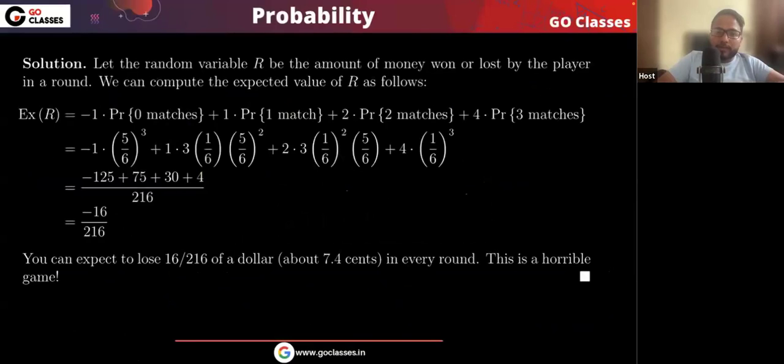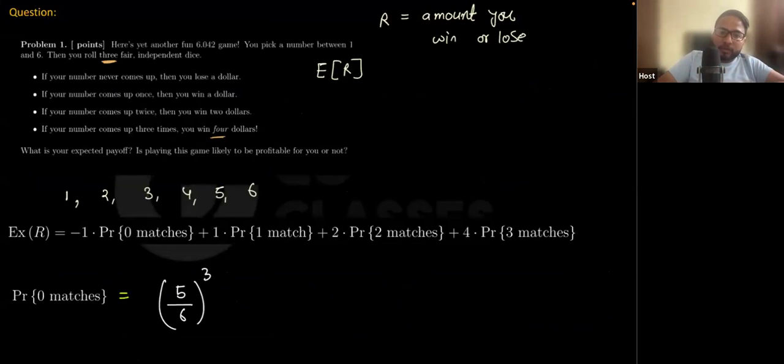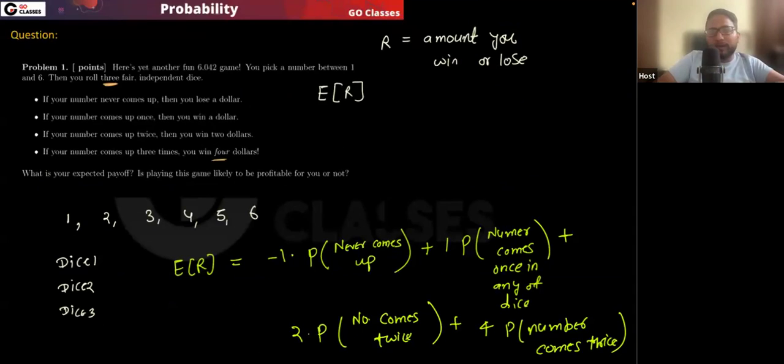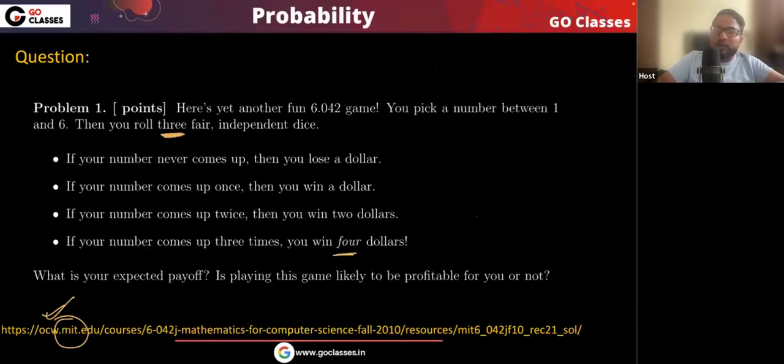Cool. By the way, looking at this game, what might come to your mind is that you are losing only in one case. What is that case? If your number never comes up, isn't it? In the remaining cases, you are winning.